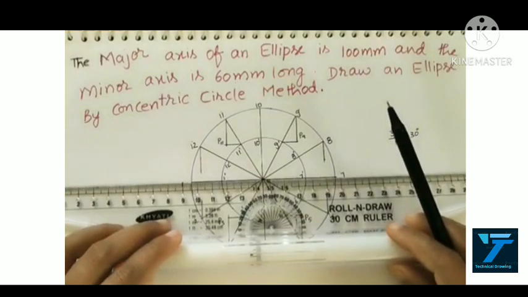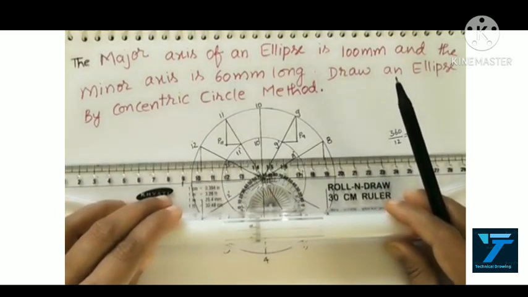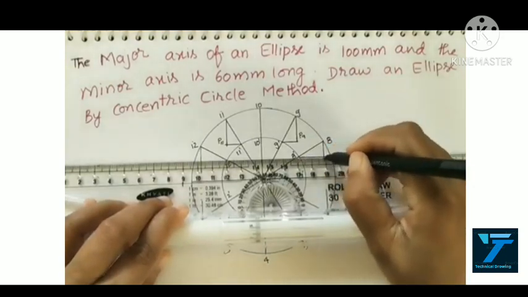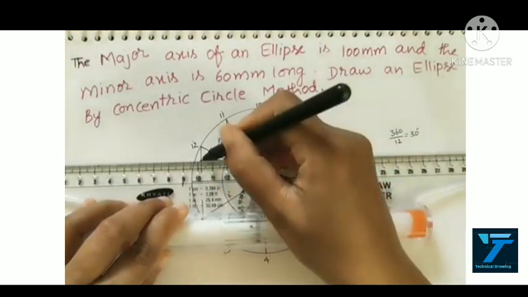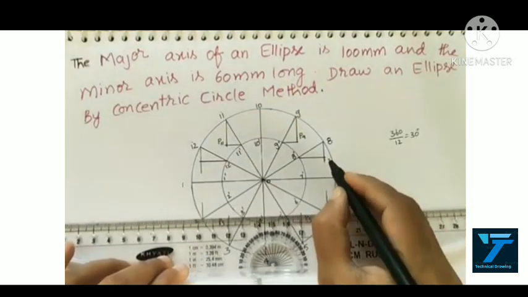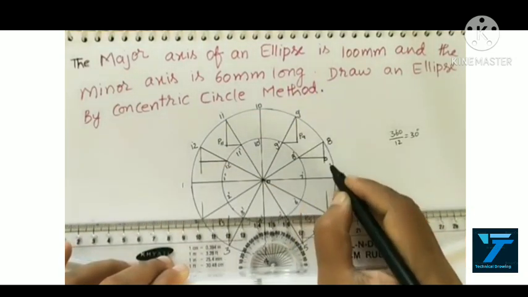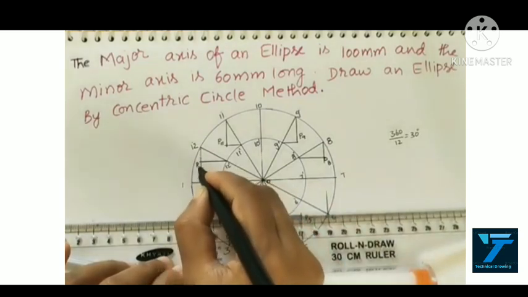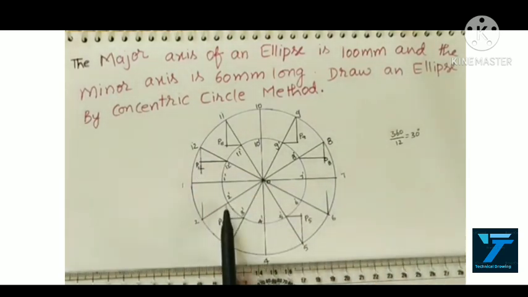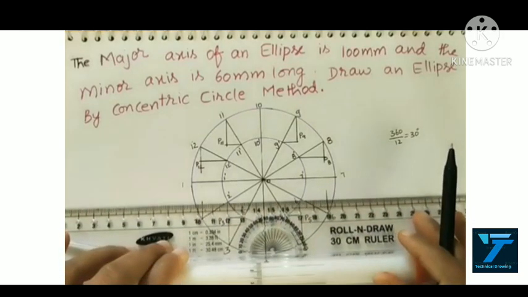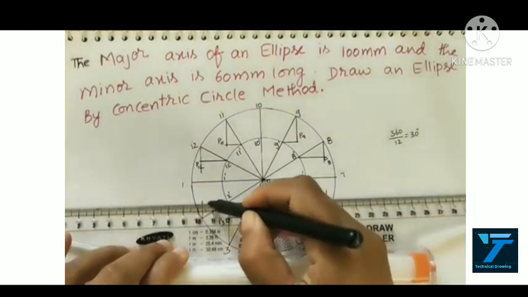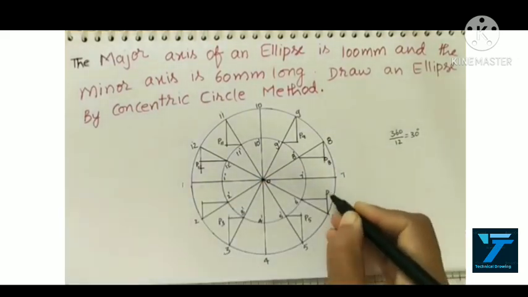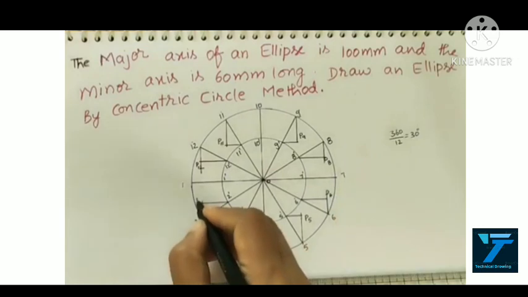Name these 8 and 8 dash as P8, and 12 and 12 dash as P12. Similarly at 2 dash and 6 dash also draw the horizontal line. Name them P6 and P2.